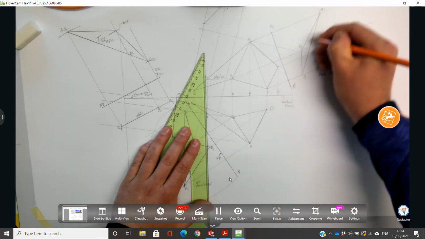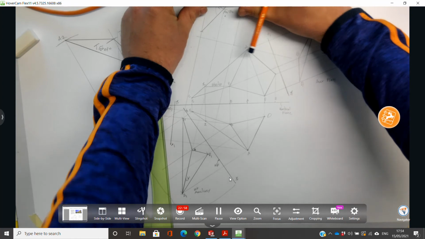So here's the line of intersection, so that has to project as a point.